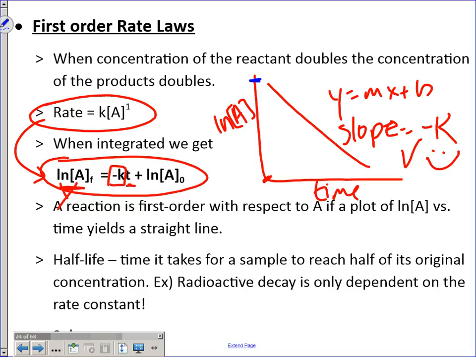Okay, so looking on your x values, which is your time, right? Halfway down the graph, that's the time it took for half of it to decay or to be consumed. So this is a natural log, but assume this is just concentration. So halfway down the graph, half of it's consumed. Look at your x, boom, that's your half-life. The time it takes for half of this to decay or half of it to react.